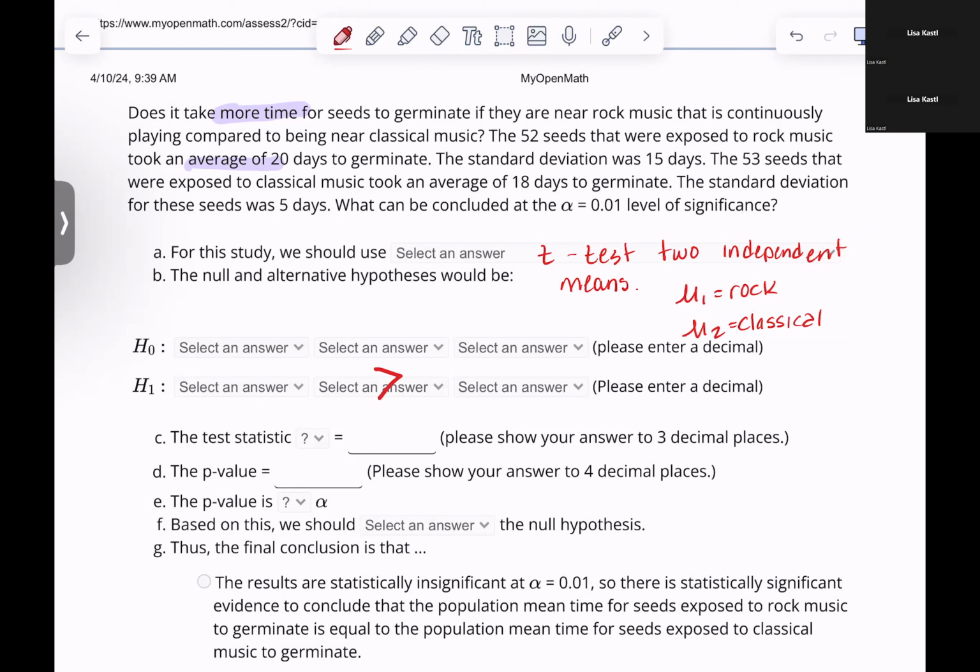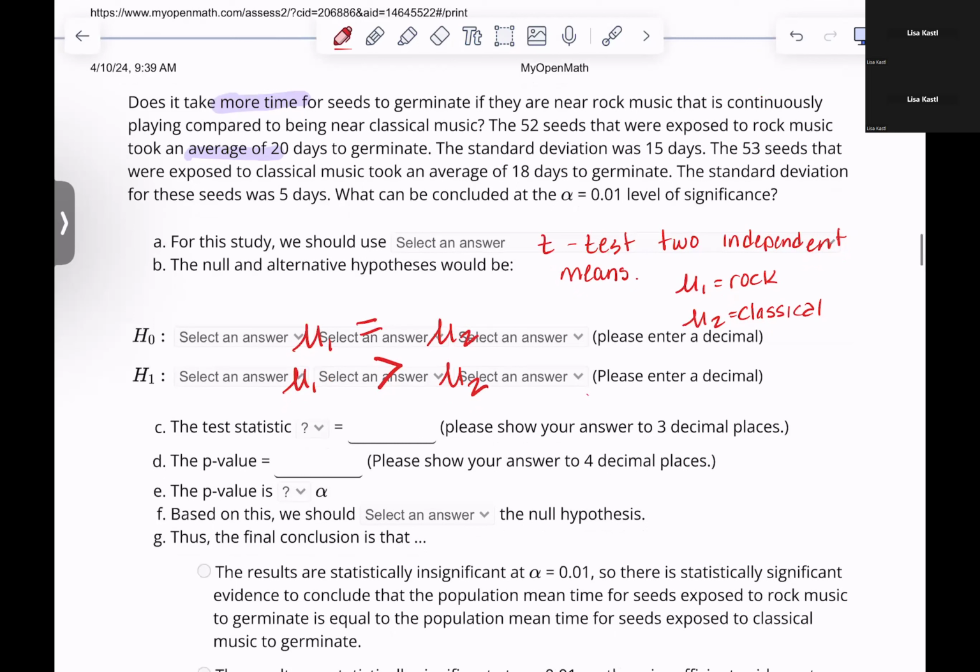And it's that it takes longer for the rock music than for the classical, correct? So the null is mu1 equals mu2. Okay, so we're going to run a t-test on two independent means. So we're going to run stat tests, two sample t-test.